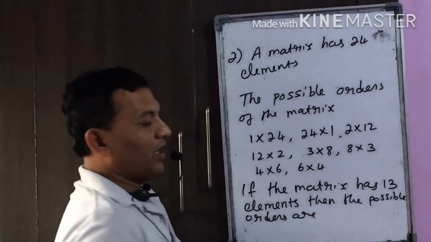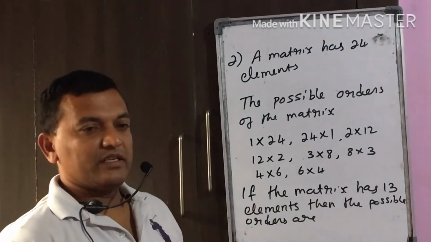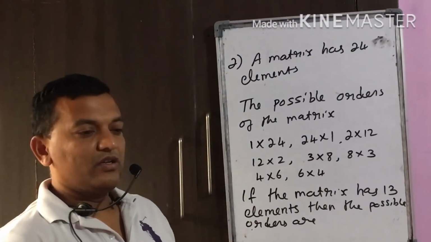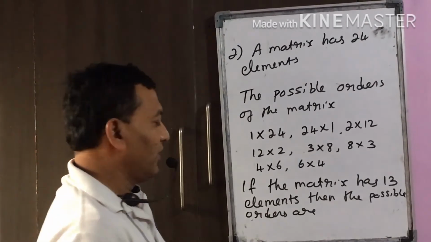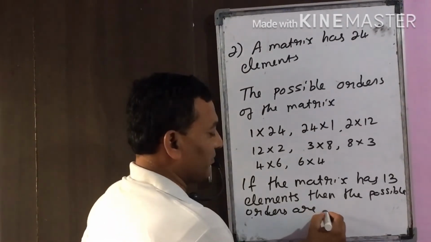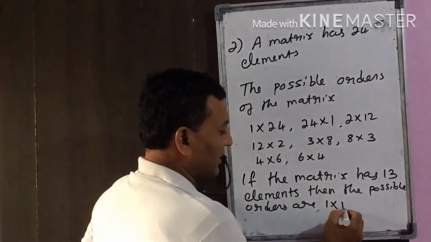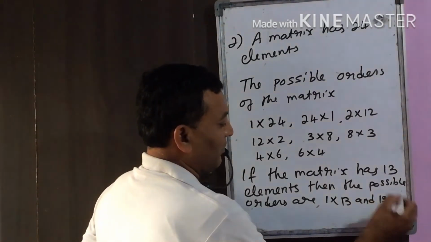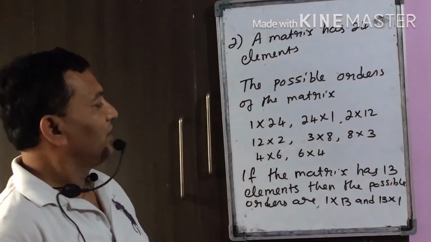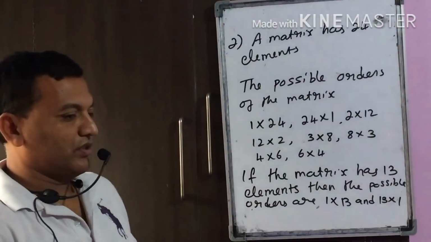We can see 13 is a prime number, so it is divisible by only 1 and itself. Therefore, the possible orders are 1 cross 13 and 13 cross 1. This is the answer for the second question.